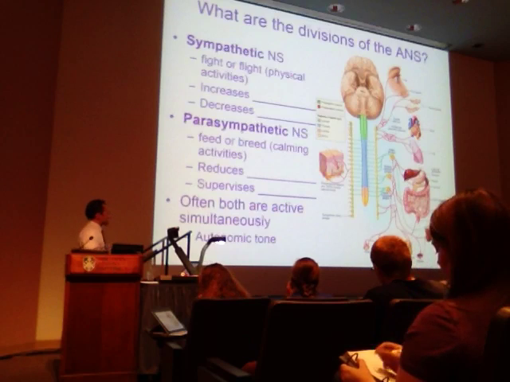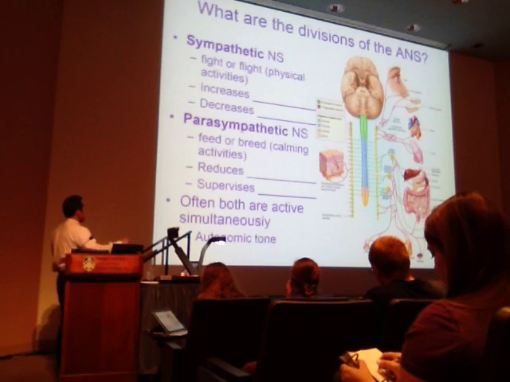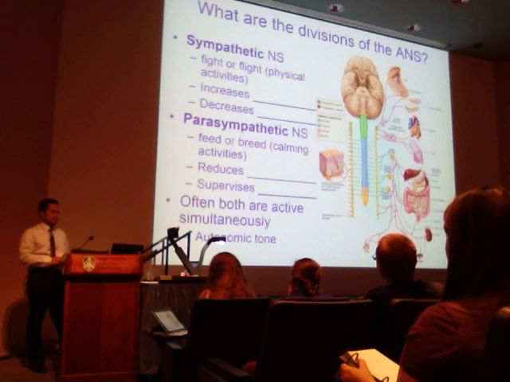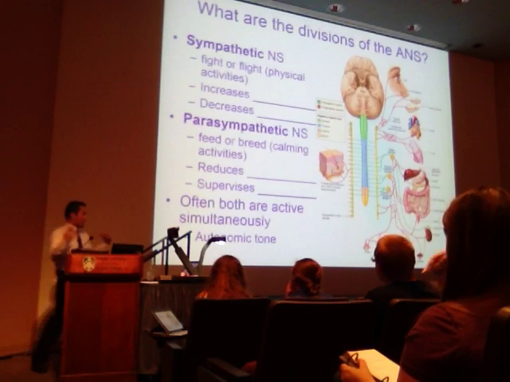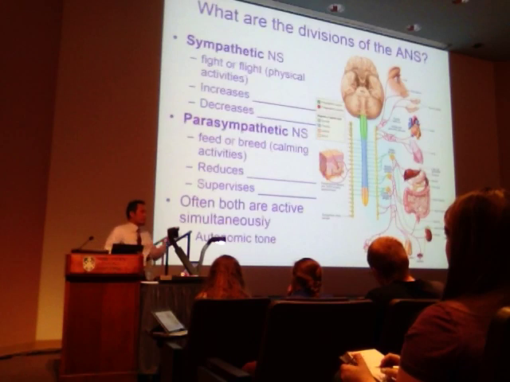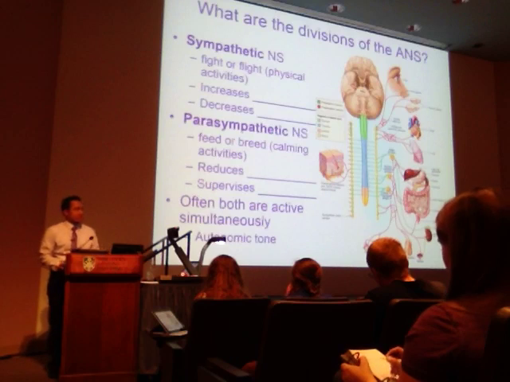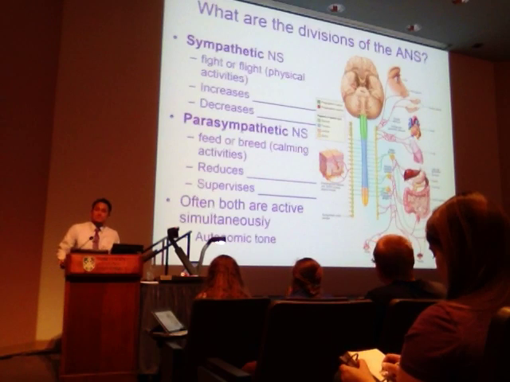So we have our sympathetic nervous system. It's responsible for things like fight or fright. So if you get woken up in the middle of the night by a fire alarm and your heart starts to race, this is a sympathetic response. Okay?